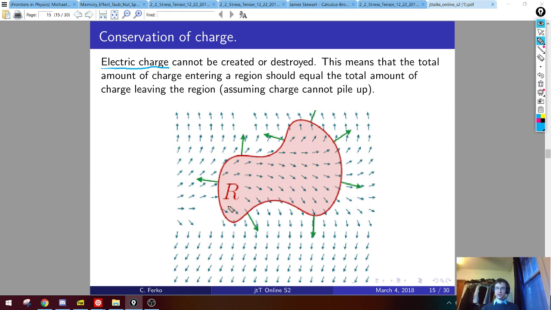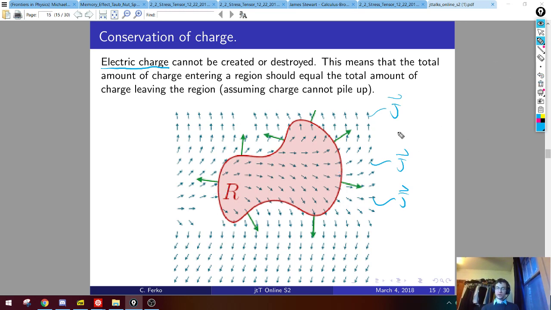So if you have some region R in the plane, and we have these little arrows J that are telling us the direction that the charge is moving, the current, if you will, at each of those points. And you imagine adding up the total contributions from that current flow into the region and out of the region. The claim is that that total amount must be zero.